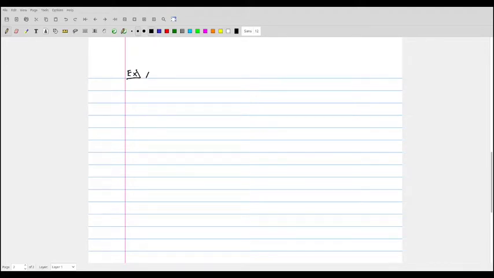This is the example of maximizing and minimizing the function f of x, y equals x times y on the ellipse (x over 3) squared plus (y over 2) squared equals 1.